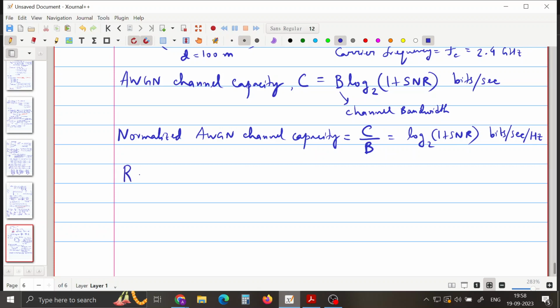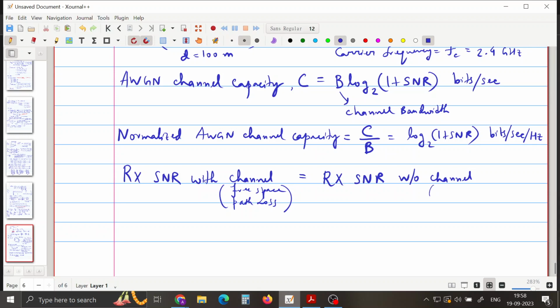So the idea is your received SNR with the channel, that is to say with free space path loss, that is with fading, is actually your received SNR without the channel, or without fading, minus your free space path loss.